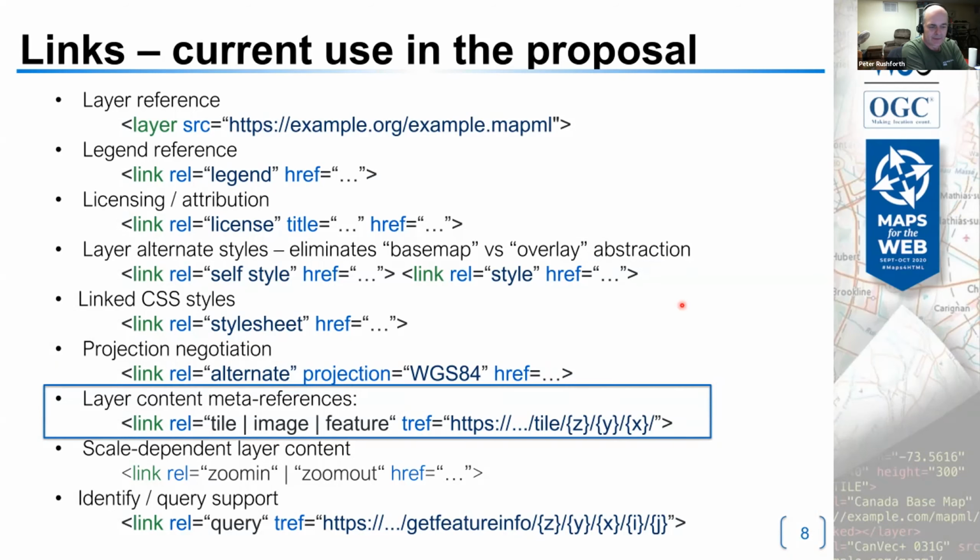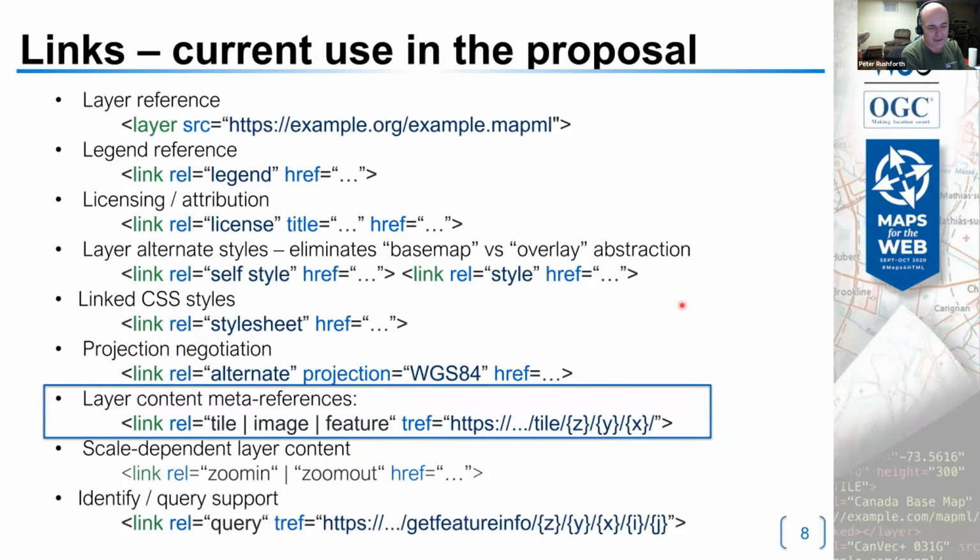So there are link relations for meta references. So tiles, images, and features. Feature and image are essentially synonymous, but they probably should be factored out into media types.